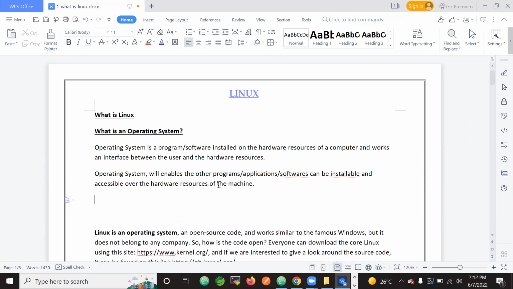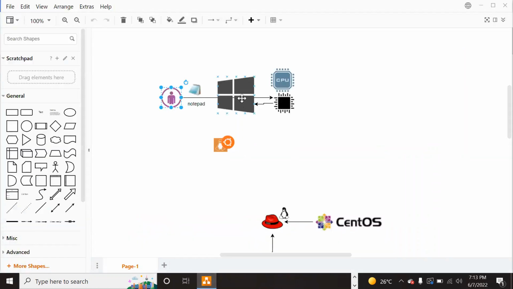So that is what an operating system is. If you can see here, it is an intermediate or interface between the users and the hardware resources.